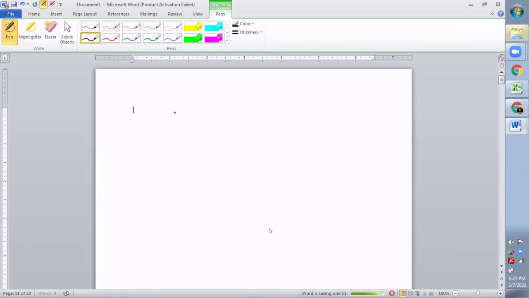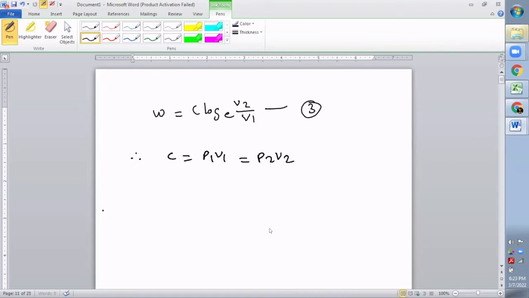So we just now came to know that work done is equal to C log to the base e V2 by V1. This is our equation number 3. We know that C is equal to P1 V1, which is equal to P2 V2. So in our equation number 3, we can write that W is equal to P1 V1 log to the base e V2 by V1.